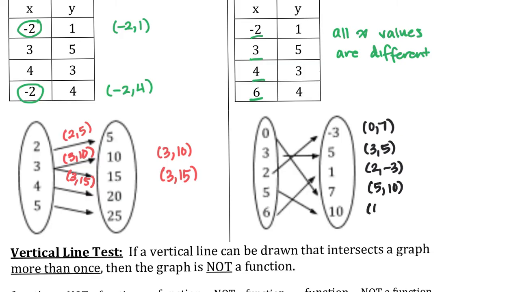And 6 is matching to 1. Now if I look at the ordered pairs represented here, all the x values are different, which is why this is a function.